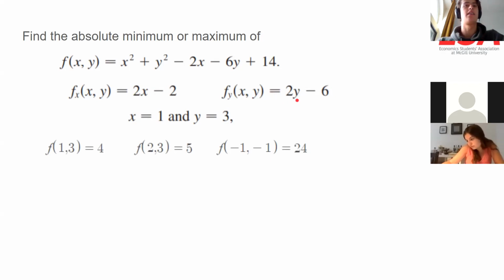The way we can verify whether our answer is good or wrong is by putting in a few other inputs. So we see that the value of our function at 1, 3 is equal to 4.